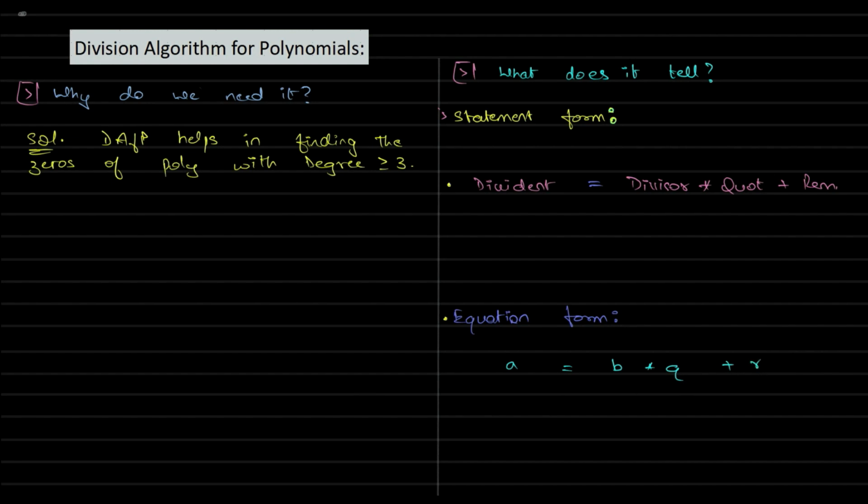Since we are talking about polynomials, let us use A of x is equal to B of x into Q of x plus R of x, where R's degree will be lesser than B's degree.